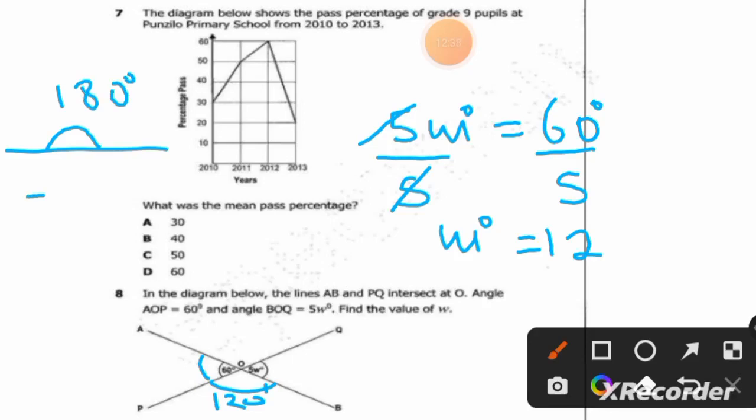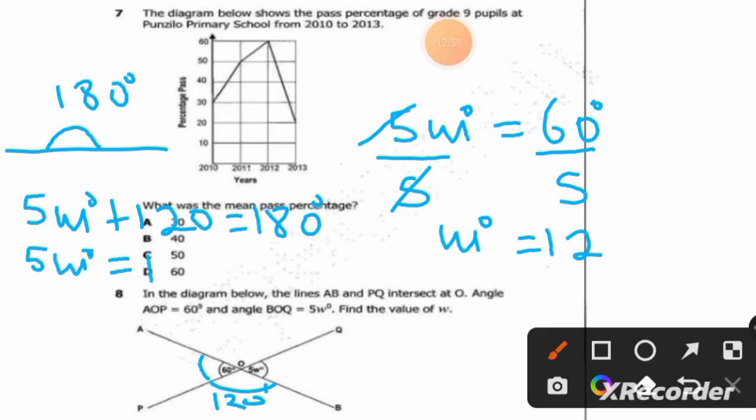So we are going to say 5W degrees plus 120 is equal to 180 degrees. So 5W degrees is equal to 180 degrees minus 120. 5W is equal to 180 minus 120.